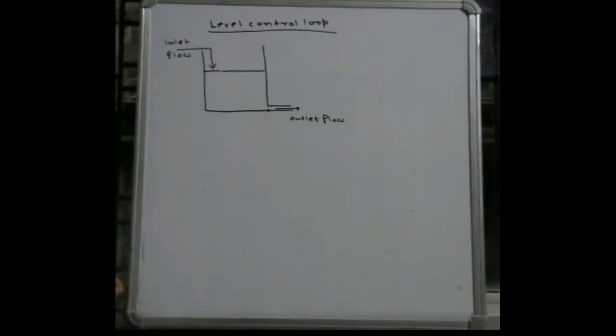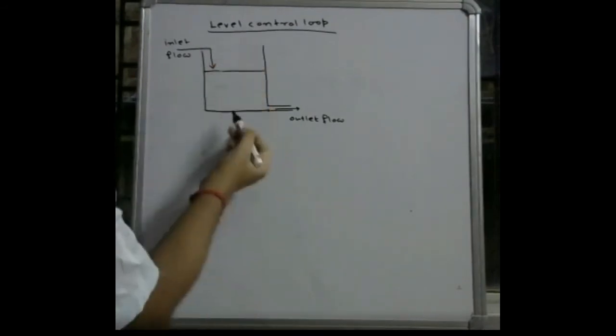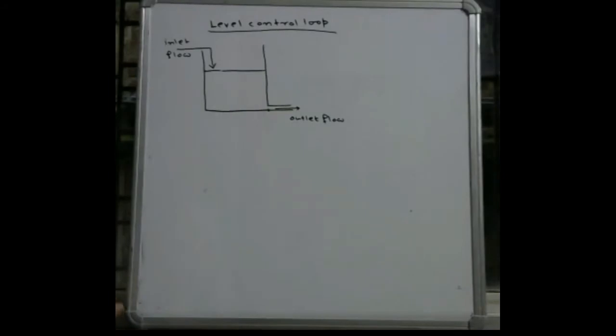This type of process is used in our process plant to supply water to the various processes, and this flow depends upon the height of the water level. If the height is increased, then due to the pressure at the bottom, the outlet flow will be increased.